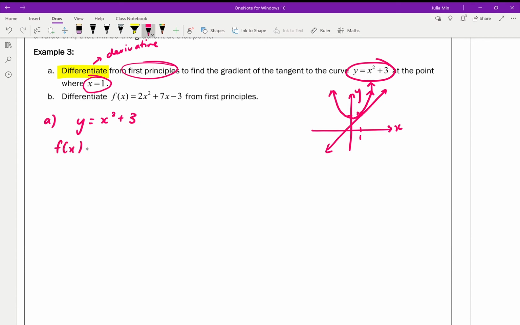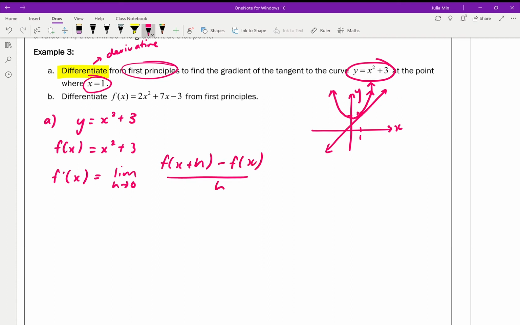So f of x equals x squared plus 3. You know that f dash x is the limit as h approaches 0 of f of x plus h minus f of x over h. And we also need to find f of x plus h, which is just this, but instead of x, we have x plus h all squared, so replace x with the whole expression, plus 3. Expand it out: x squared plus 2xh plus h squared plus 3.